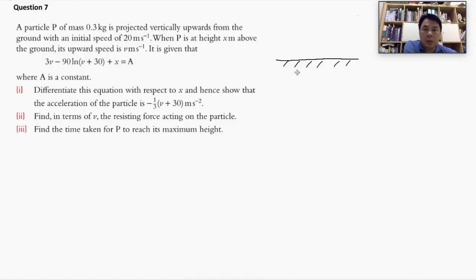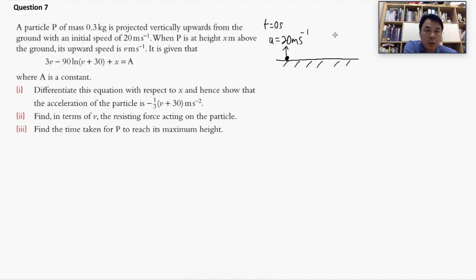It's been projected upward with the initial velocity of, when time t is equal to 0, initial velocity is 20 meters per second. So at time t equal to 0 second. Okay, and then are there any other forces acting on the object?